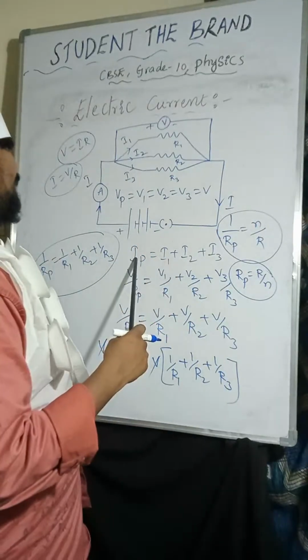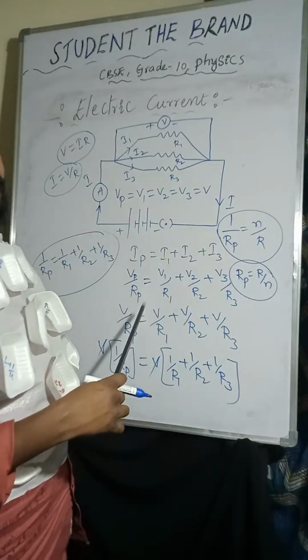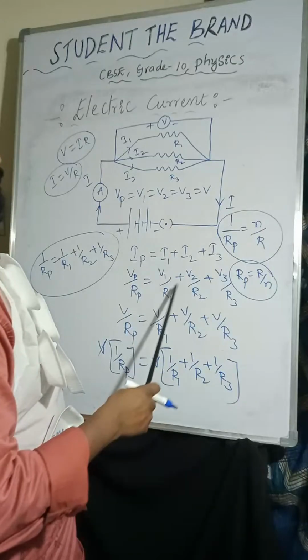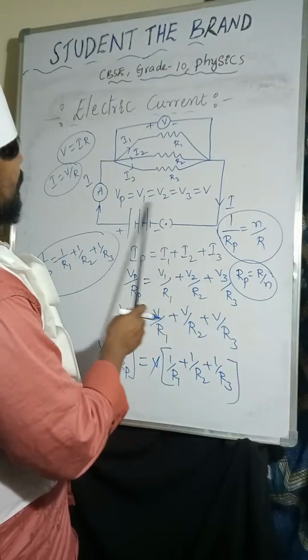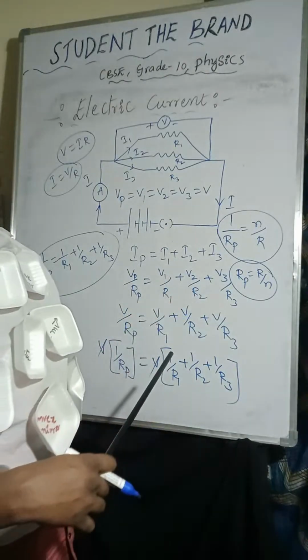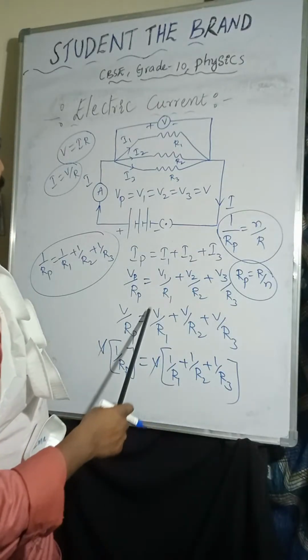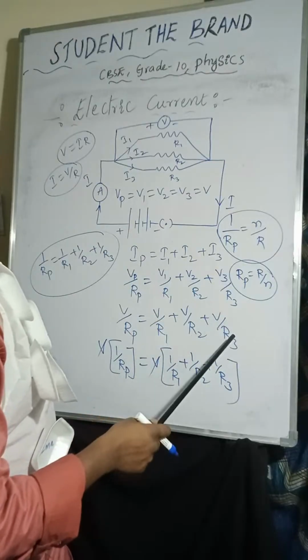Now Ip equal to I1 plus I2 plus I3, right? So V by Rp equal to V1 by R1 plus V2 by R2 plus V3 by R3. Here you can observe Vp equal to V1 equal to V2 equal to V3 equal to V. So V by Rp equals V by R1 plus V by R2 plus V by R3.